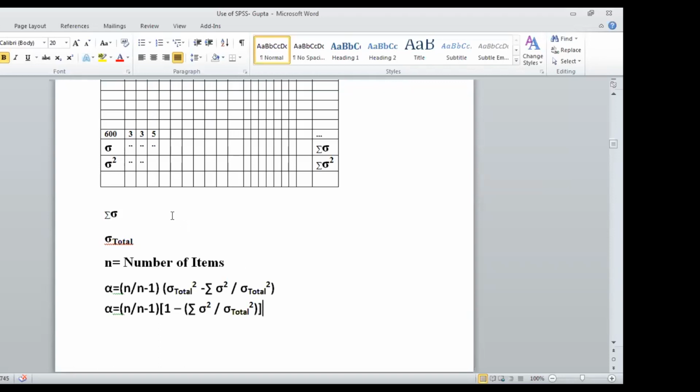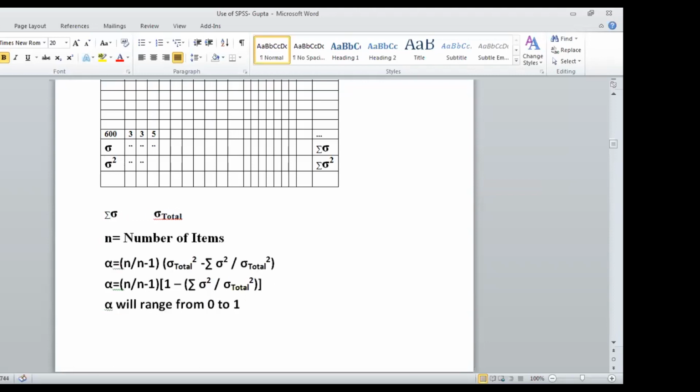So this alpha value will range from 0 to 1. Now, these are the different methods of establishing the reliability. Any question you want to ask before I proceed further?